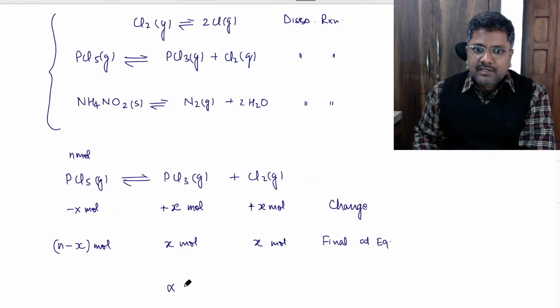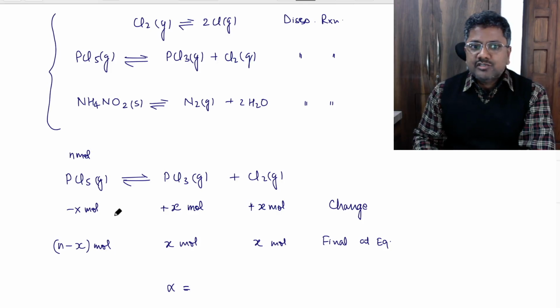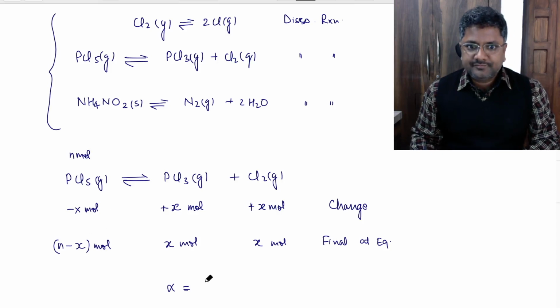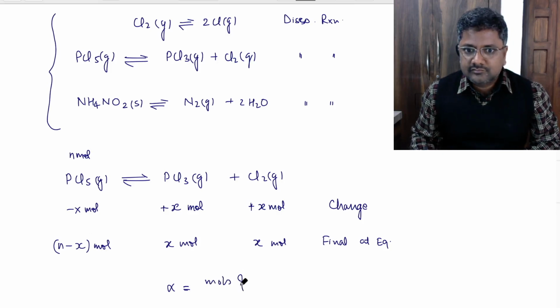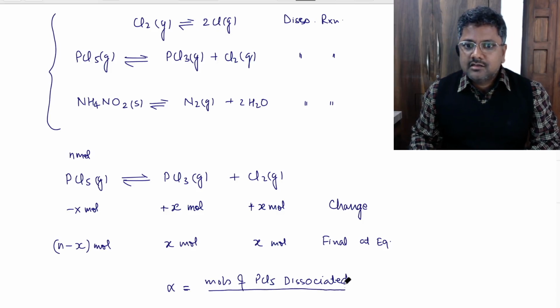So alpha is equal to moles of PCl5 dissociated divided by initial moles.